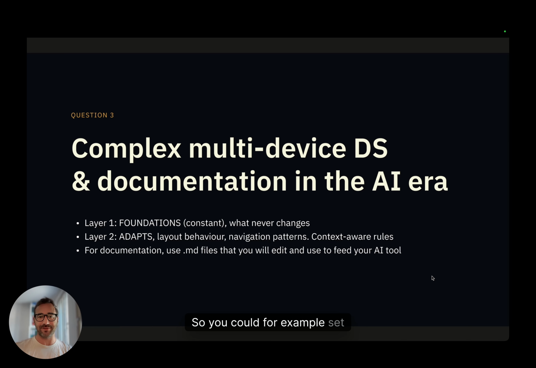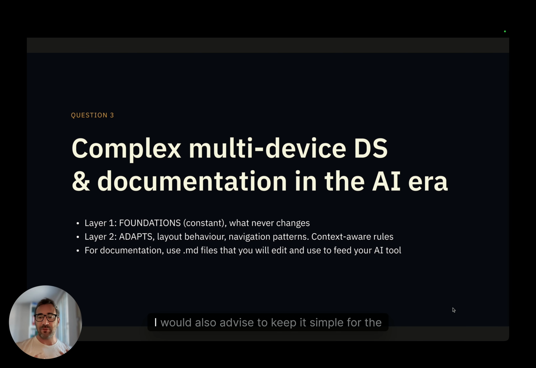You could, for example, set 3 different blocks on a 12 column pattern, and then say that at a specific viewport, only use 2 blocks and reduce to 6 columns, and then finally just 1 column for mobile usage. So you could create this rule inside your Figma file, but also describe it in your document.